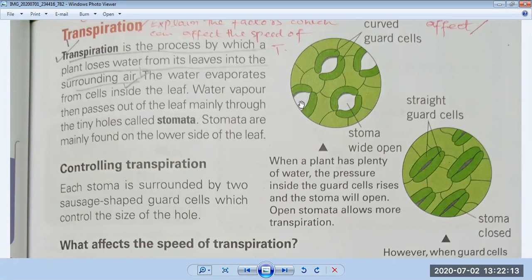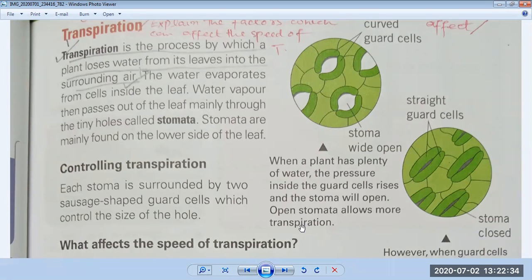In the center there is a stoma and around it there are guard cells which control the size of the stomata. Now we will see, when a plant has plenty of water, the pressure inside the guard cell rises and the stoma will open. Open stomata allow more transpiration.